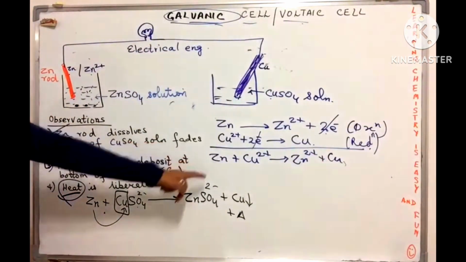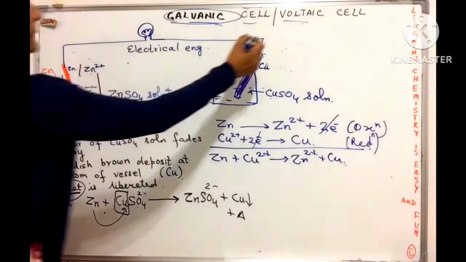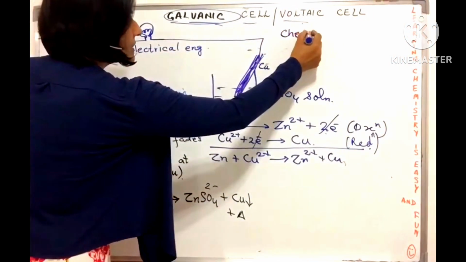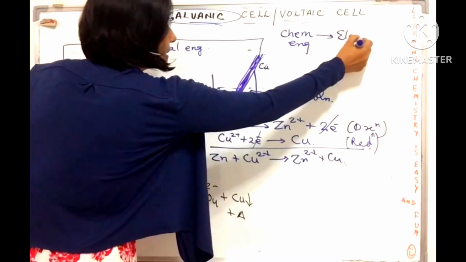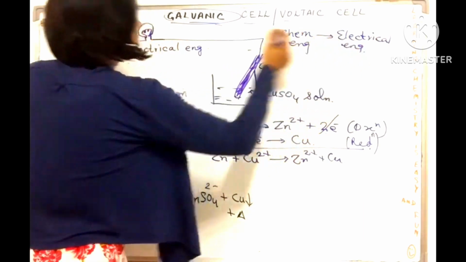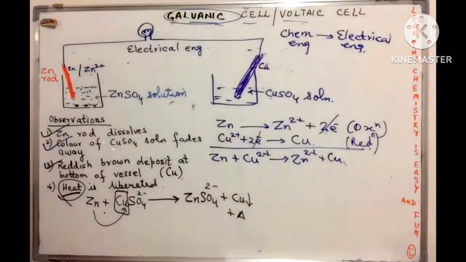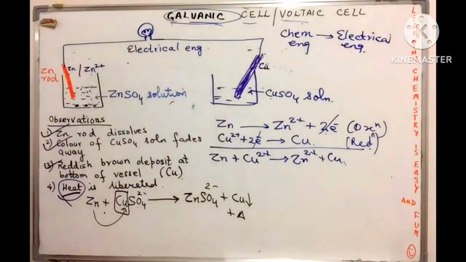So we are using a redox reaction in order to convert chemical energy to, yes, electrical energy. And this is the very principle of a galvanic cell or a voltaic cell, right? These terms are given after the name of the scientists who worked in this direction.